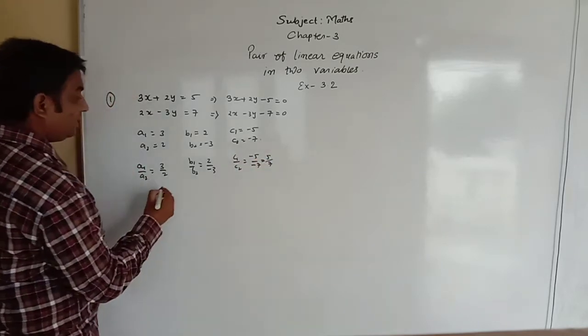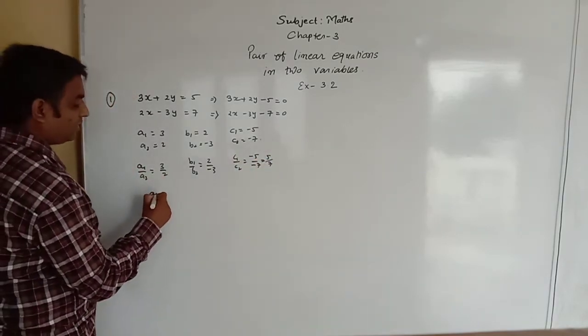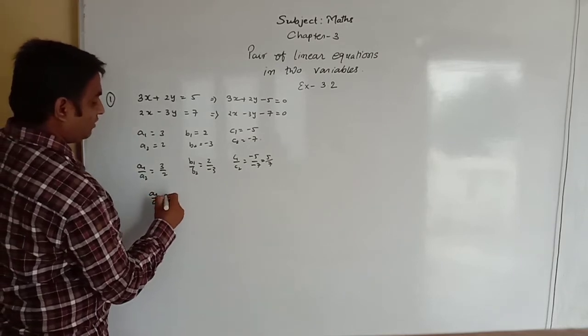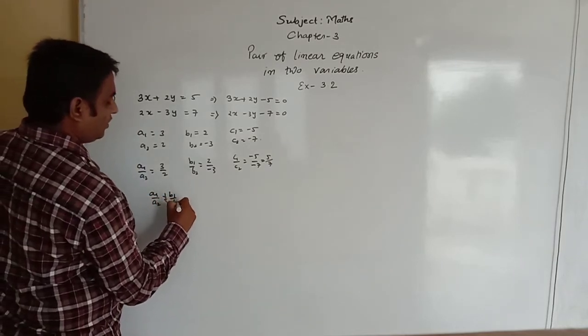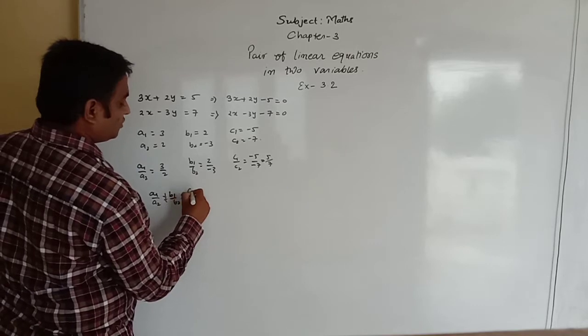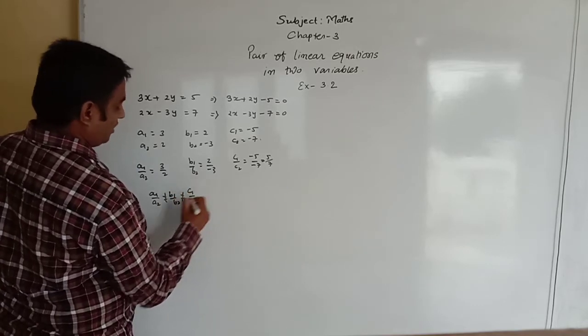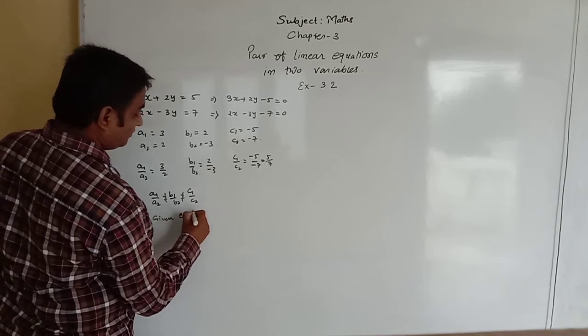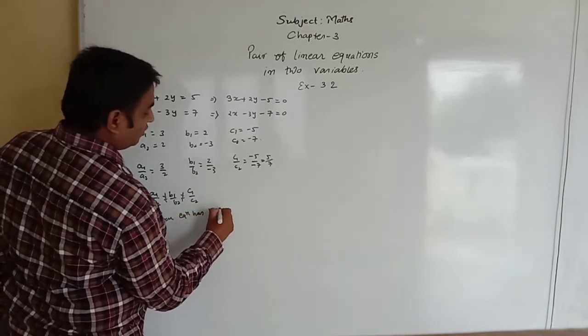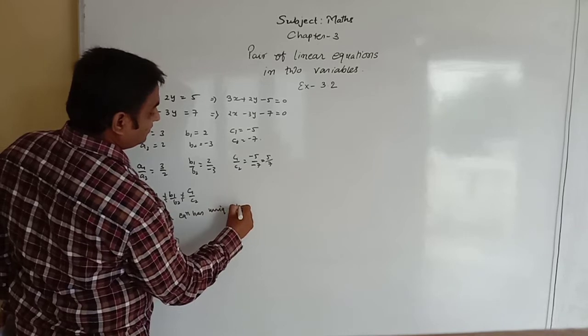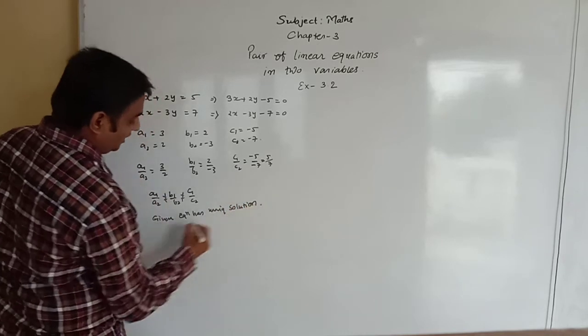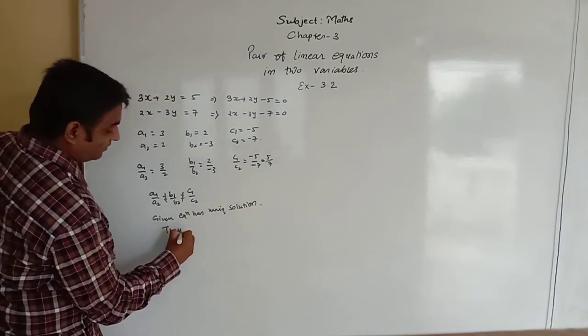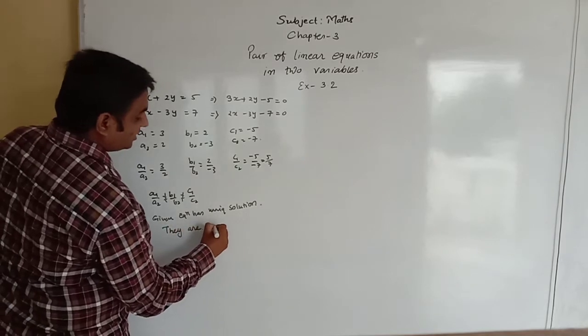So here clearly the three ratios are not equal. So a1 by a2 is not equal to b1 by b2, not equal to c1 by c2. And so the given equations have a unique solution, and so they are consistent.